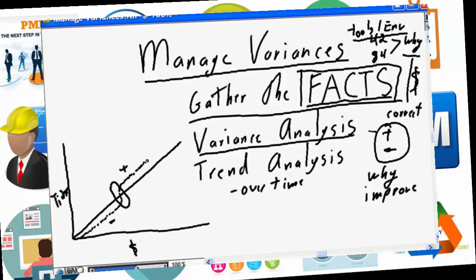Now, if we continue the trend analysis, I'm going to cause our project to have a little heartache here, and all of a sudden our project is now trending significantly away from our project baseline. We're in the latter stage of our project, and all of a sudden we're getting significant variances from our project baseline.